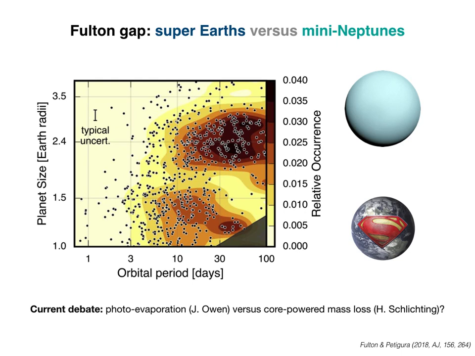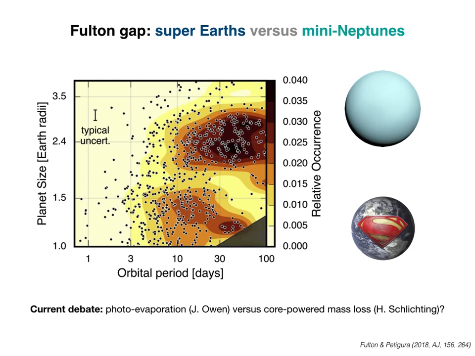Sitting above the Fulton Gap are the mini-Neptunes, which are thought to still have hydrogen in their atmospheres, or at least the atmospheres are more puffy. Sitting below the Fulton Gap are the so-called super-Earths with thinner atmospheres. One of the debates currently happening in the literature is whether super-Earths are the outcome of objects that were previously like mini-Neptunes and just lost their atmospheres.